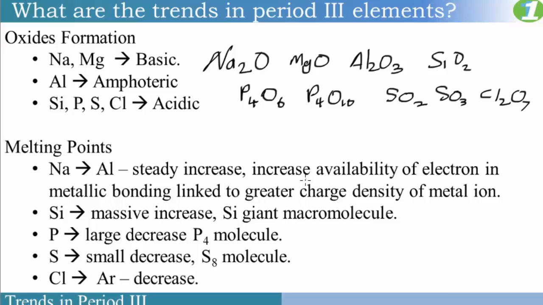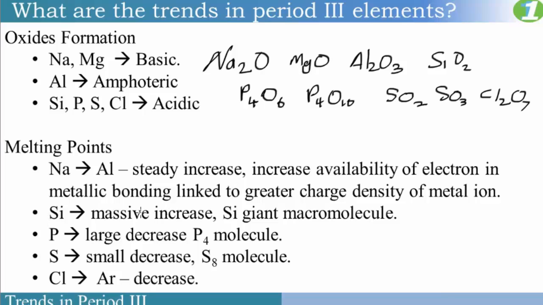Remember that as you go across a period, the number of electrons and protons increase. And so we'll have more mobile electrons in aluminum than magnesium, and magnesium would have more than sodium. And so the greater the amount of mobile electrons to the cations in the metal, the greater the melting point will be, because the forces of attraction will be stronger.